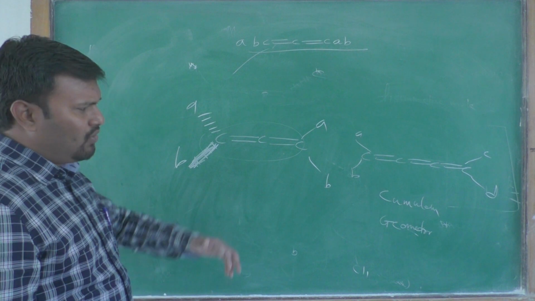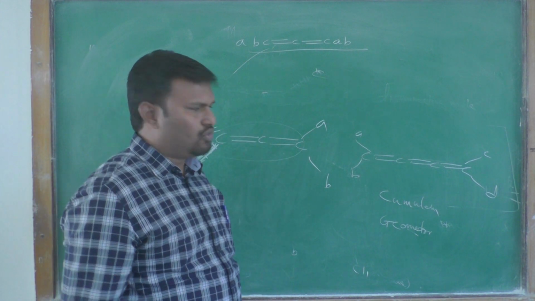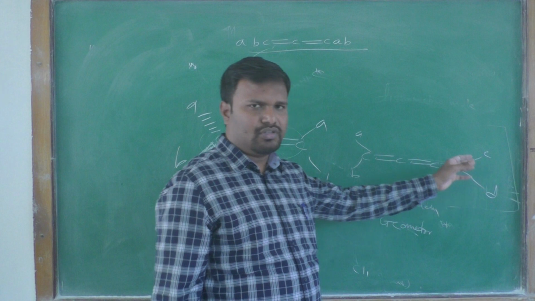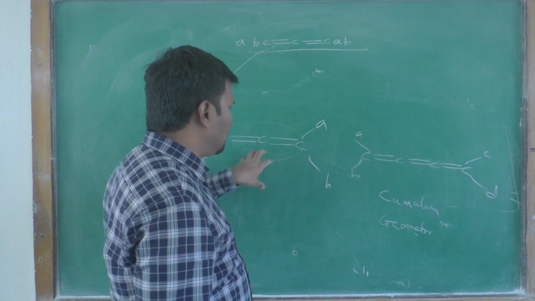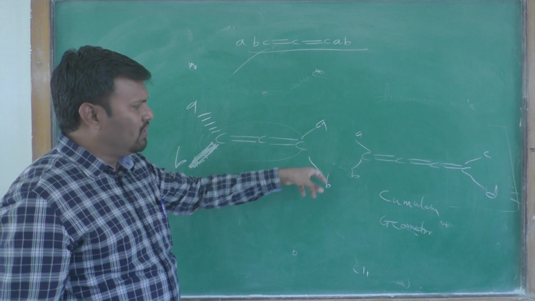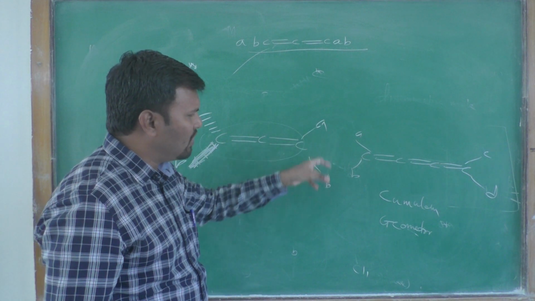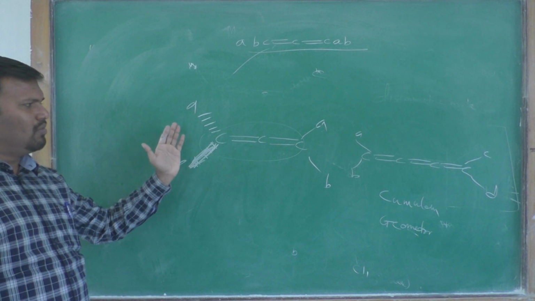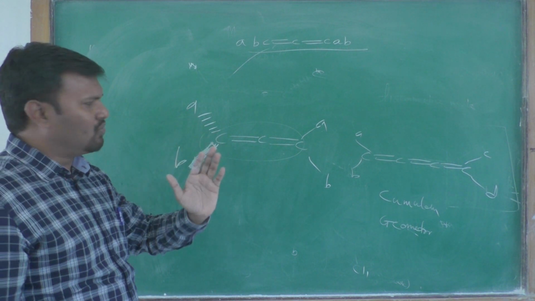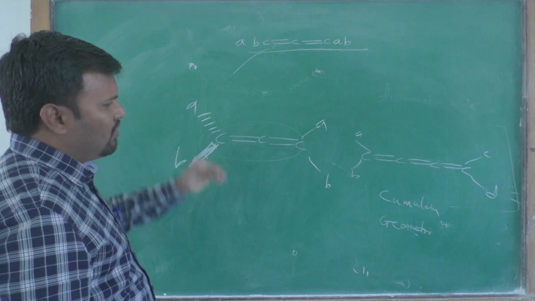And when you add another C double bond C, 4 C double bond C, its nature looks like the allene, where one terminal AB is planar, and the other shows the three-dimensional AB. One is pointing toward the observer, the other is at the back side of the observer.